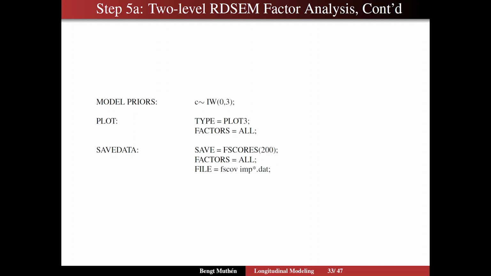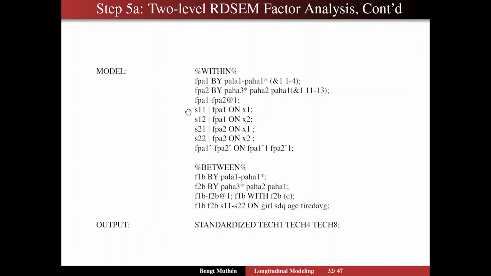On slide 33, the input for the 5A run continues with a model prior statement. So that refers to the parameter labeled as C on the previous page. Down here, the factor correlation. We fix the metric in the factor variance to 1, so that's a correlation.